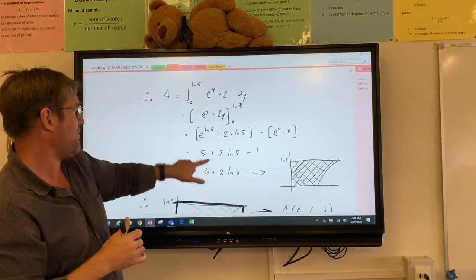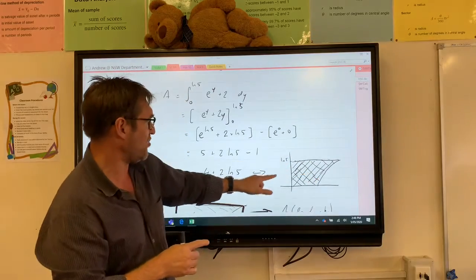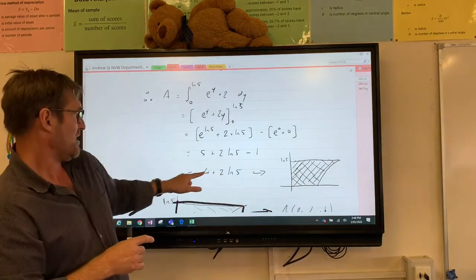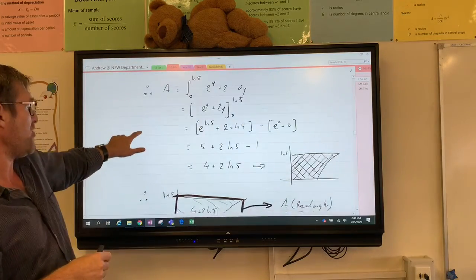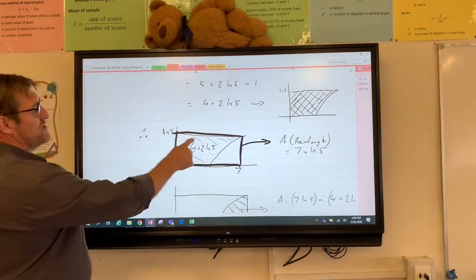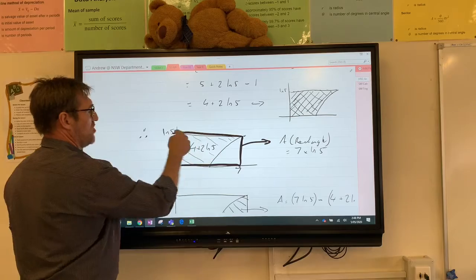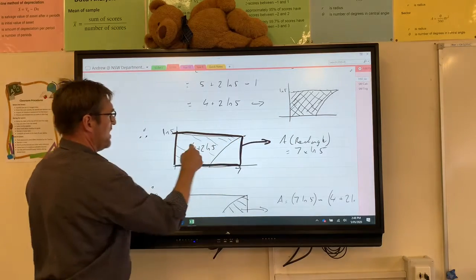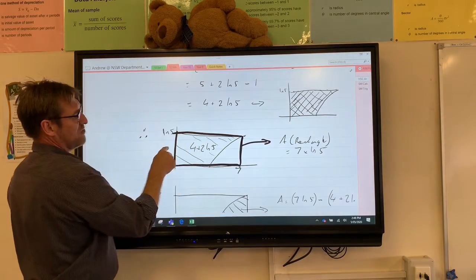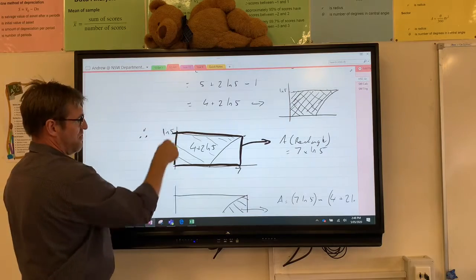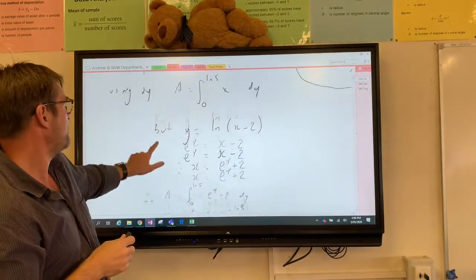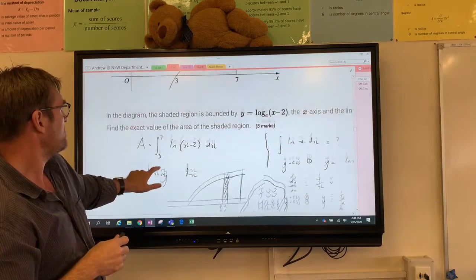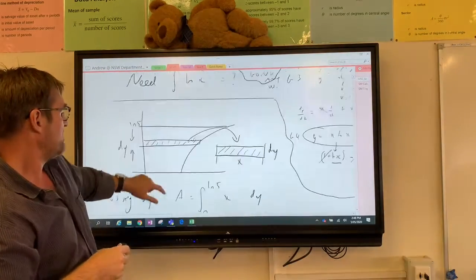So now I have got this scenario. I've got all this area here. Is that number there? And going back to our original question, I want that bit. So if I know that chunky piece is there, how big is the full rectangle? The full rectangle is log 5 high, 7 wide. I don't know where we got the 7 from. Is that given up here somewhere? I assume. Yeah, there you go. So it is 7 wide.